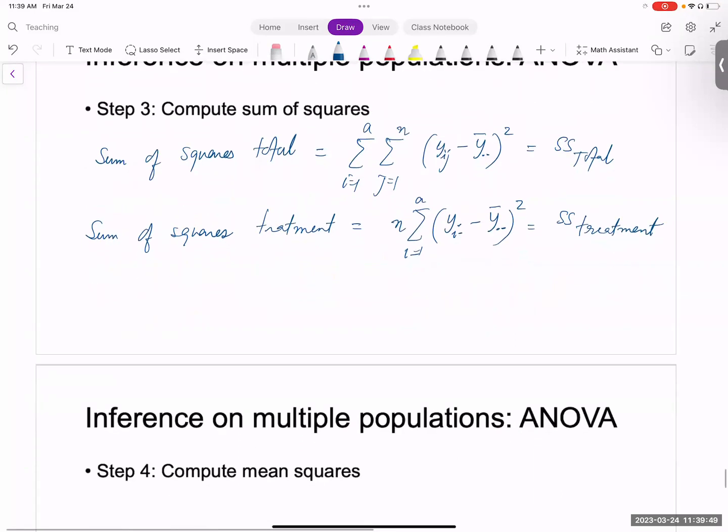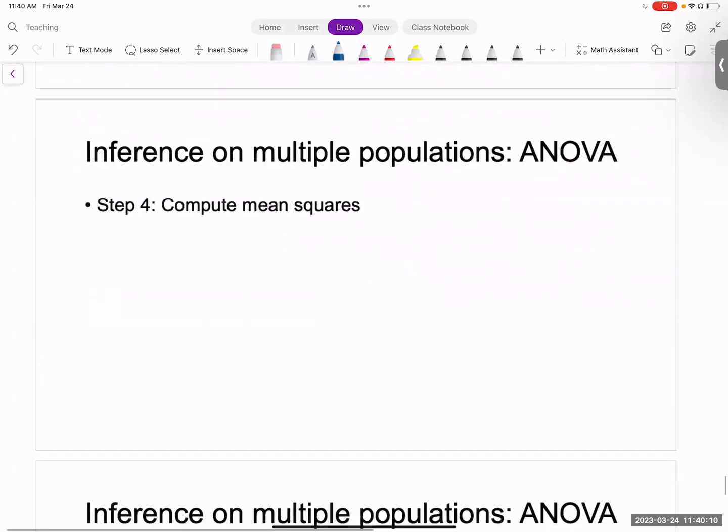And then once you have sum of squares treatment and sum of squares total, you can compute the sum of squares error. This is equal to sum of squares total minus sum of squares treatment. Okay. And once you have computed the sum of squares, now you will compute the mean squares.